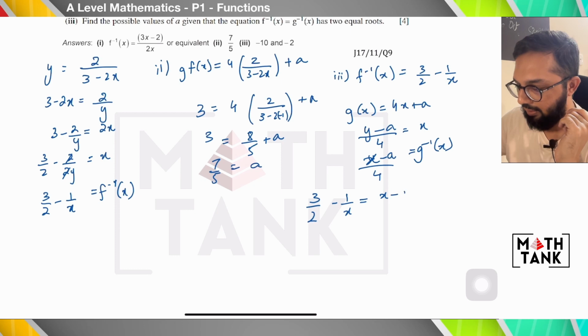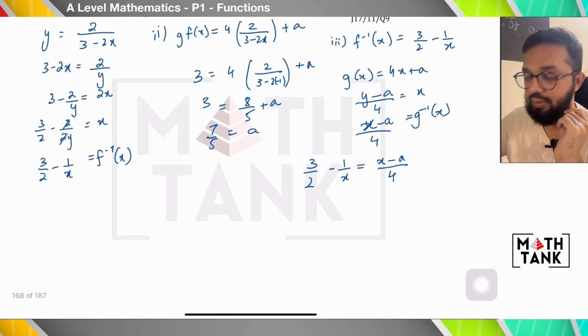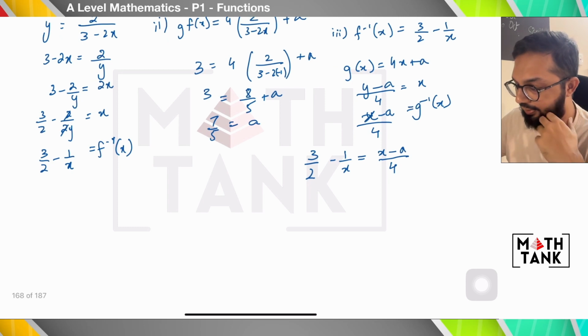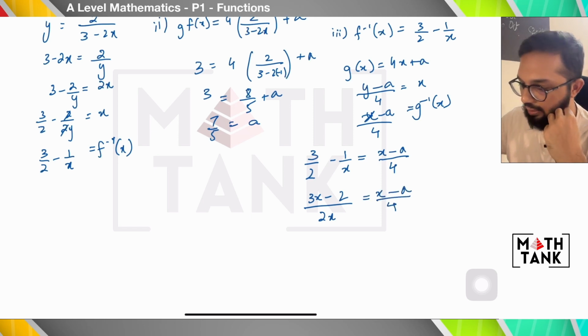both of these are equal, and then I will go with equal roots, which means that b squared minus 4ac will be equal to 0. Okay, I will have to take an LCM on this side, so this becomes 3x minus 2 equals x minus a over 4.